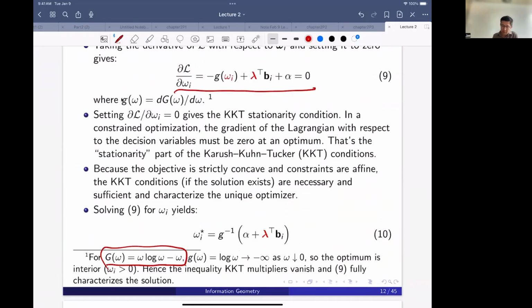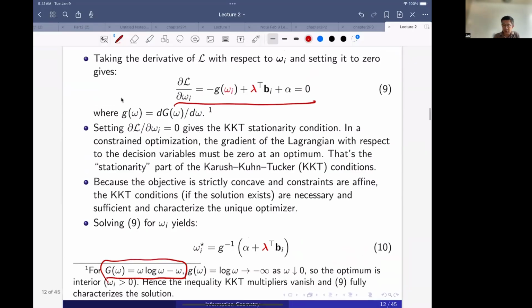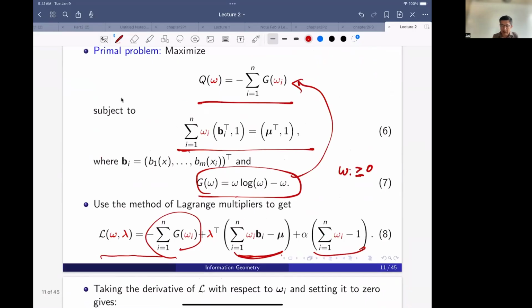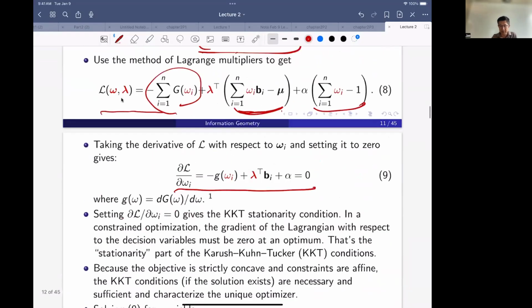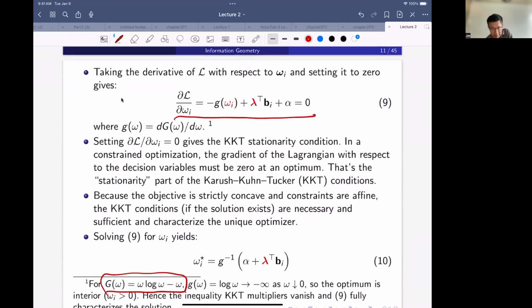So log is not defined on negative values, right? So as long as any value exists, then the solution will never take negative values. So that's the main message.